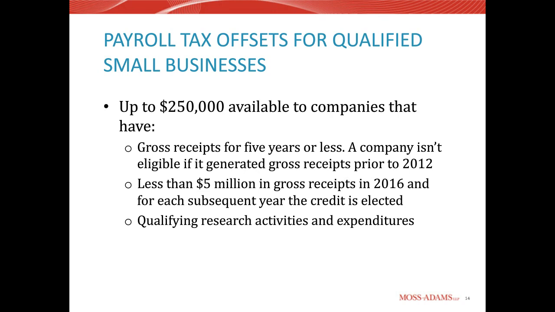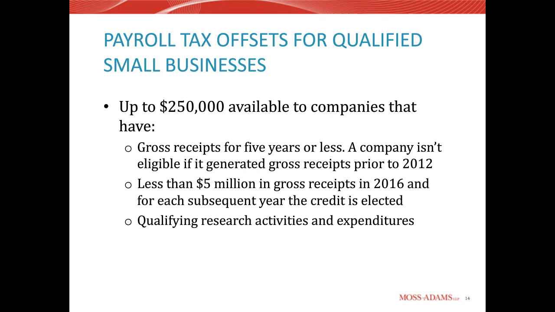In order to be a qualified small business that's eligible for these offsets, there's really a set of 3 core requirements that you need to meet. The first requirement says that you cannot have gross receipts prior to 2012. So if you had $1 of revenue prior to 2012, you wouldn't be eligible.